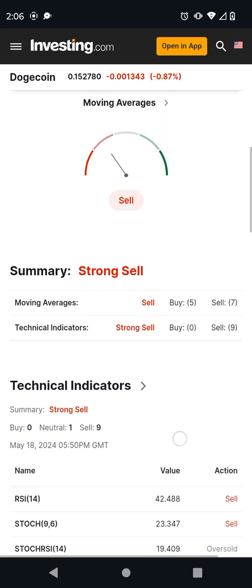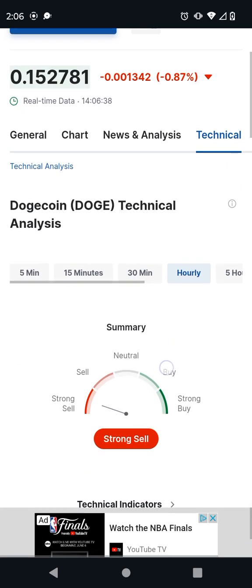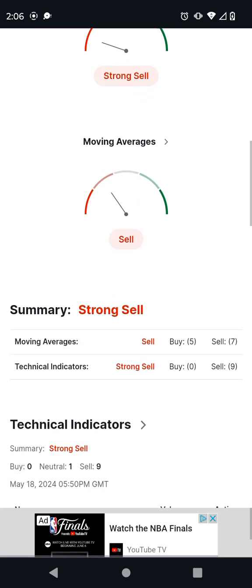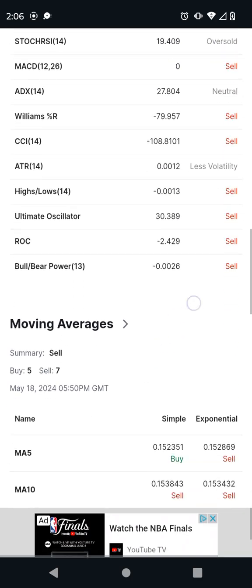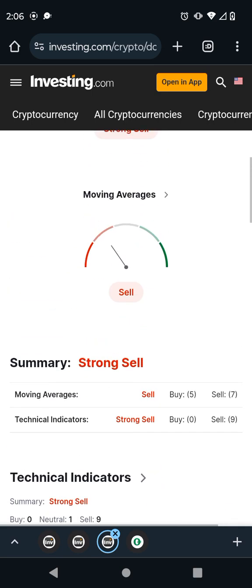Okay, so this is going to be our next move. We are going to let this sell finish up, and when it sells all the way down to wherever it goes, we're going to wait for the moving averages oscillator to go from strong sell to light sell. After that, we're going to buy it at least once, maybe twice if you can.